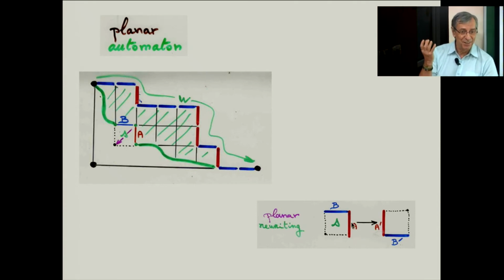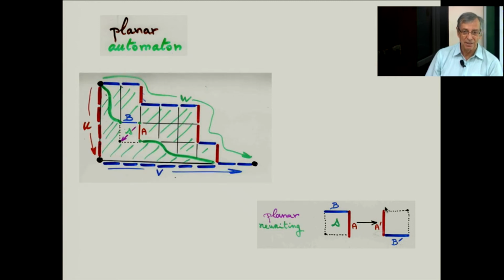You remember something. For example, in the alternating sign matrices, I remember that I read a blue or a red. Here there is a certain label, maybe blue, maybe red, maybe something. Once you know the state of these edges and the label of this cell, you rewrite it like this with a new state, A prime, a new state of the edges. So this is the philosophy of cellular automata, to recognize a two-dimensional picture, the same as when you recognize a word with a finite automaton.